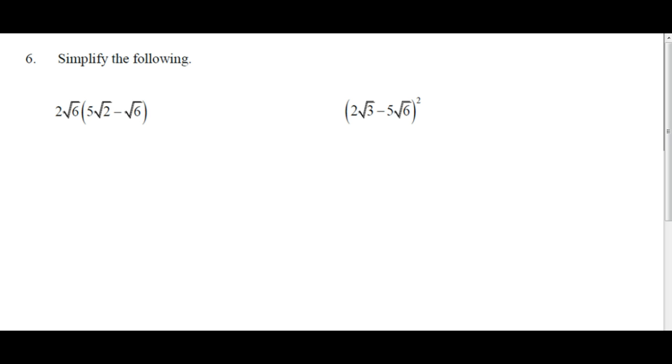Simplify the following. So we have a monomial times a binomial, right? That means that the number in front, the expression in front, multiplies. Okay, what's 2 root 6 times 5 root 2? 10 root 12. What do we get here?